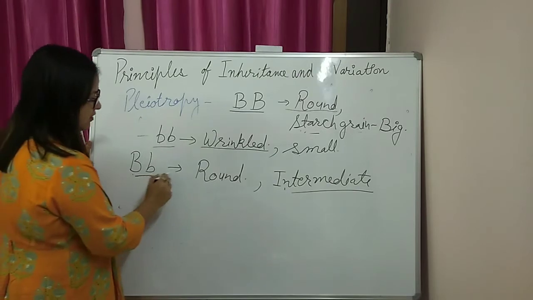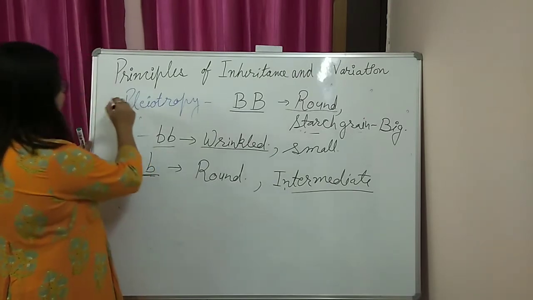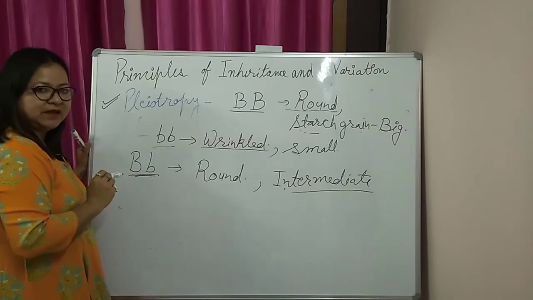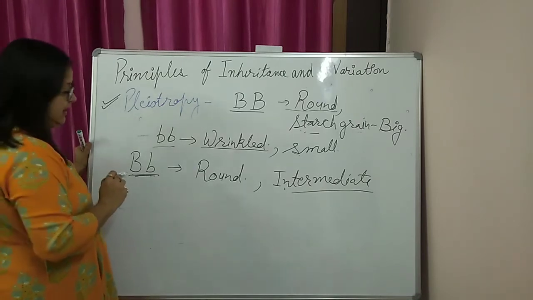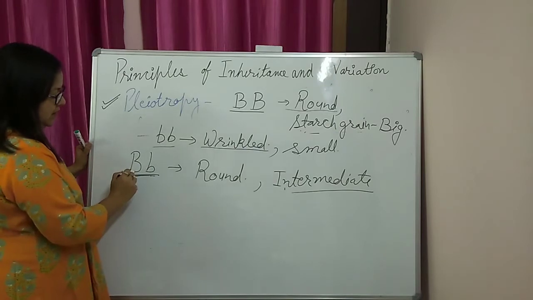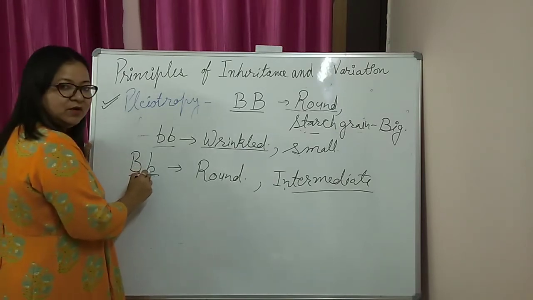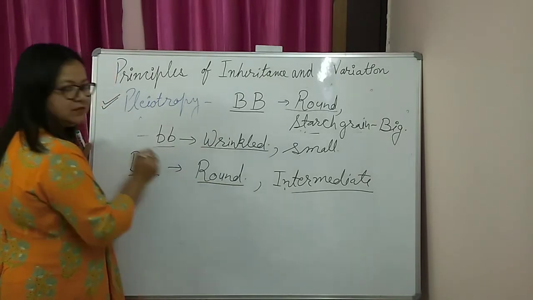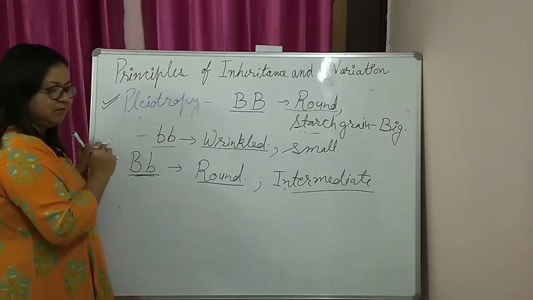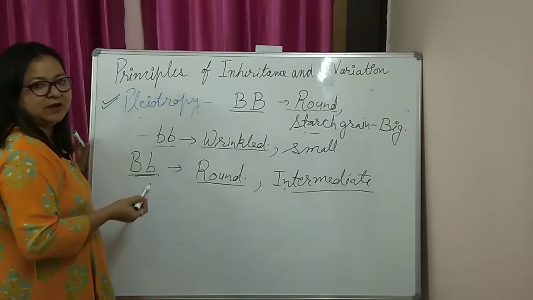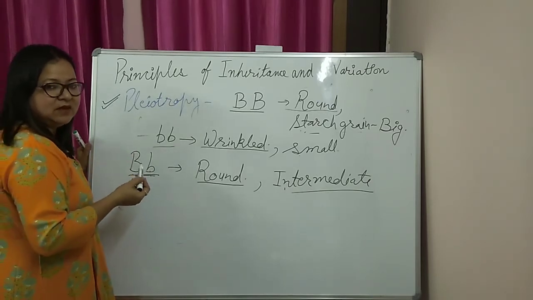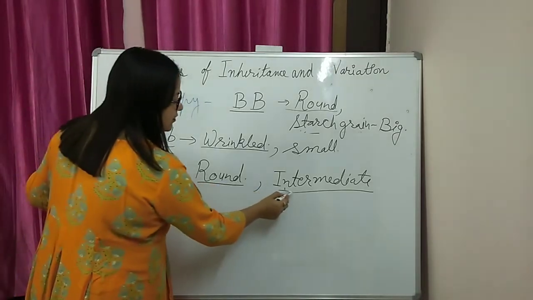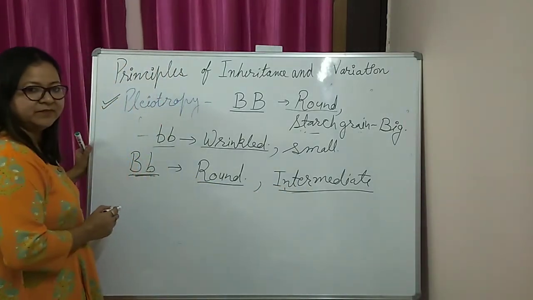From here we are getting the example of pleiotropy, but I would like to explain here about the feature of the allele. Here capital B is dominant over small b if we concern the shape of the seed. But due to the same metabolic pathway making the starch grain size, if we observe the phenotype, it is intermediate.